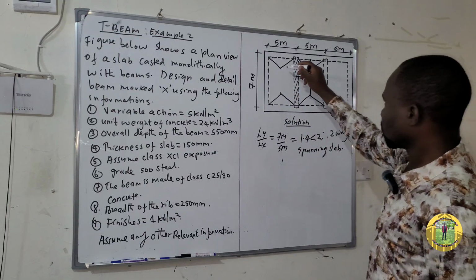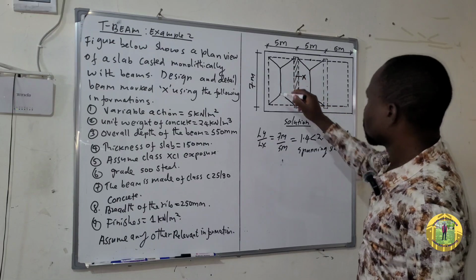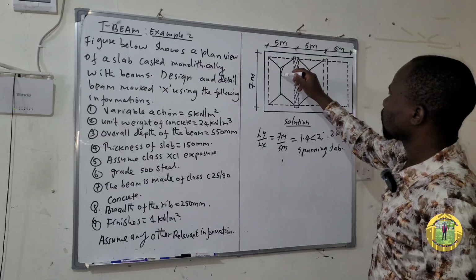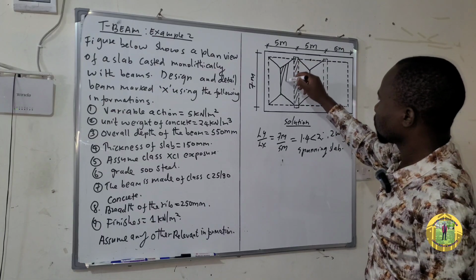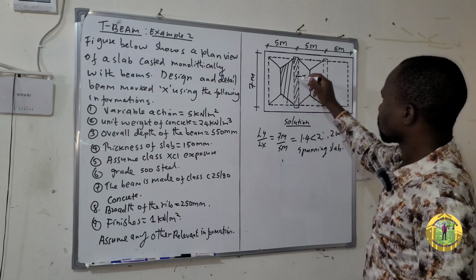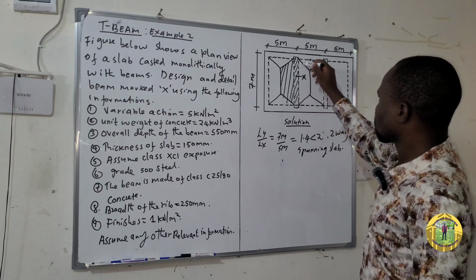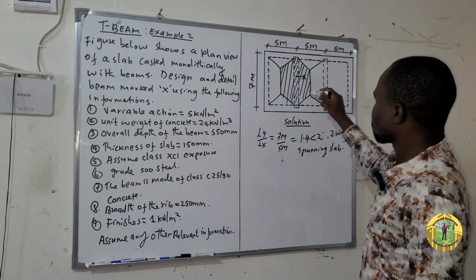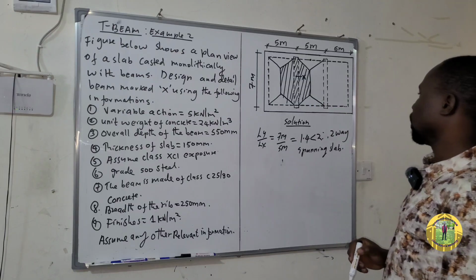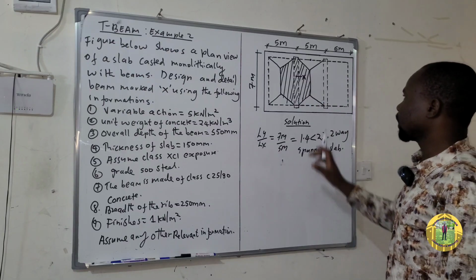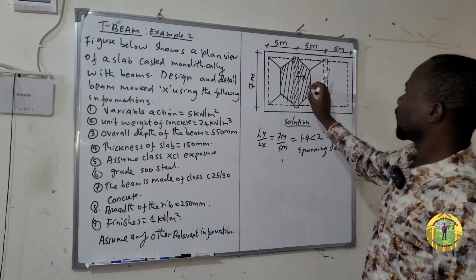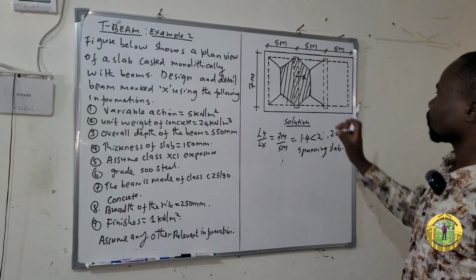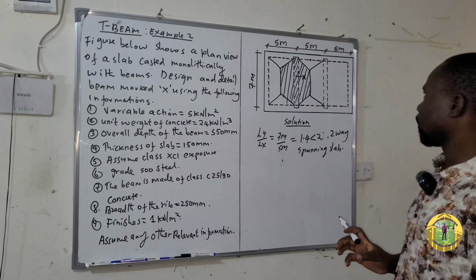Like that. So this beam is supporting this area, this shaded area. Like that. So for us to design this beam, we will consider this area. So let's first calculate the area of this shaded part.